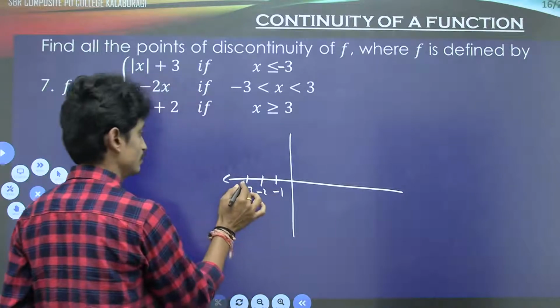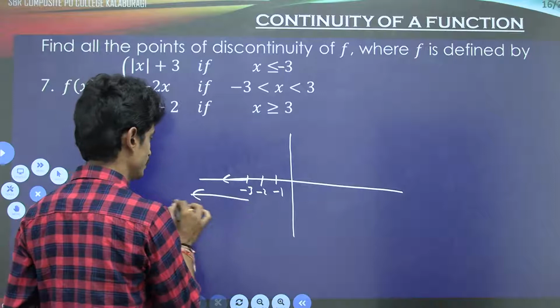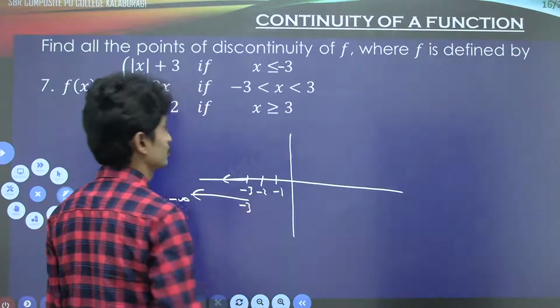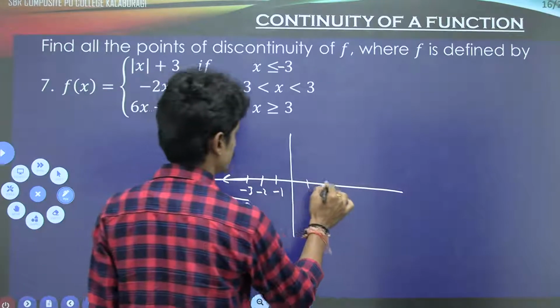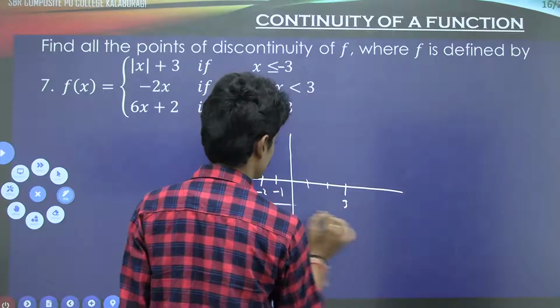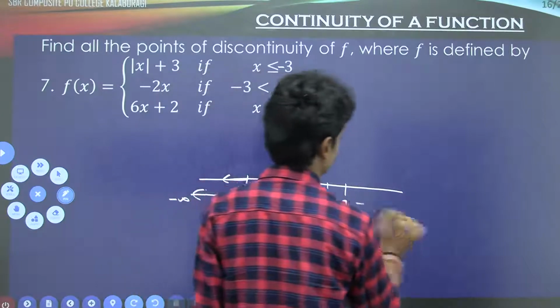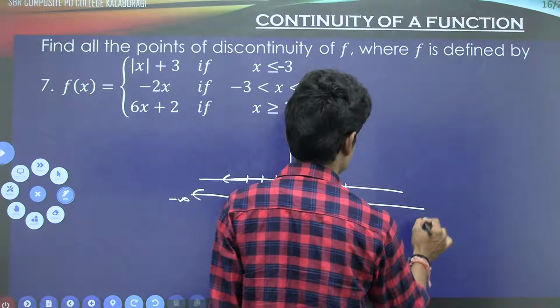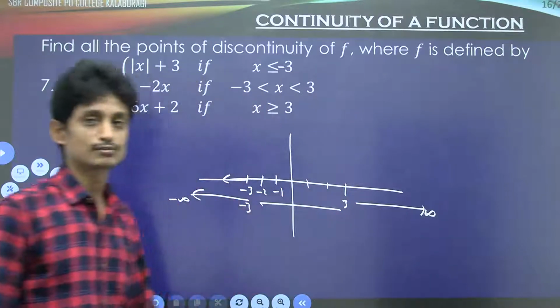So minus 3 to minus infinity, we have to check it. Minus 3 to plus 3, we have to check it. 3 to plus infinity, we have to check it.